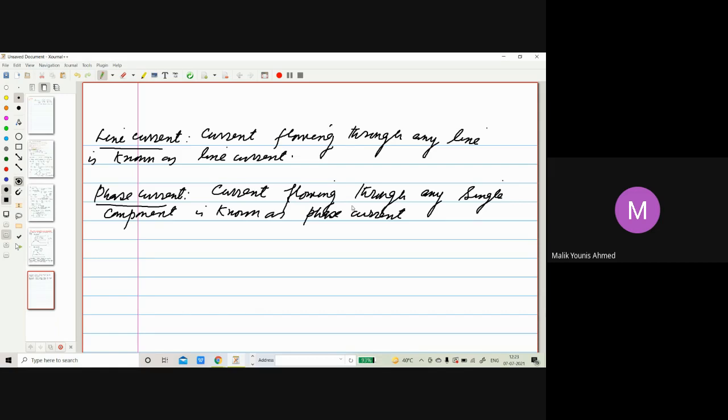So current flowing through any single component will be called as, what will be that called as? That will be called as the phase current. So these four definitions you have to remember.